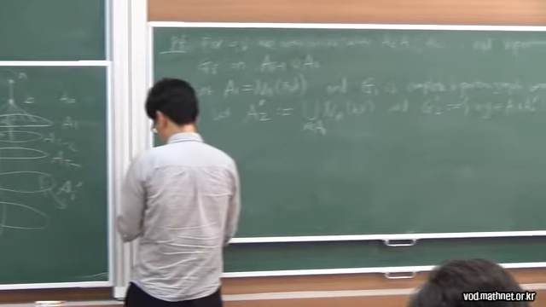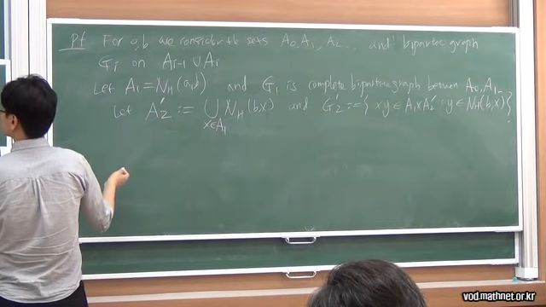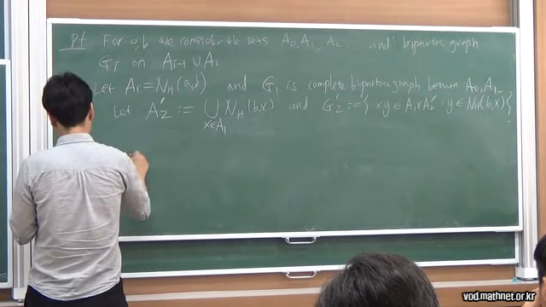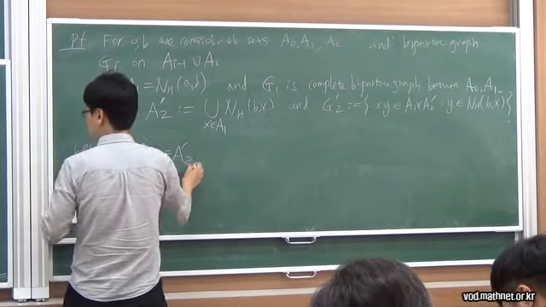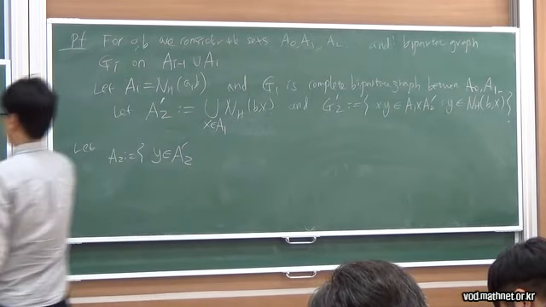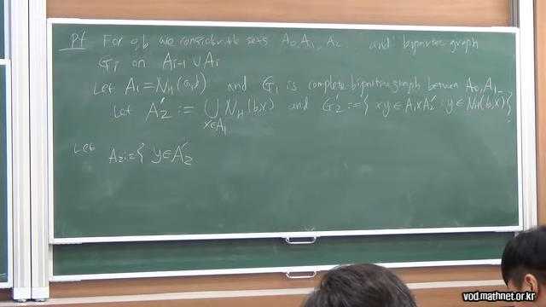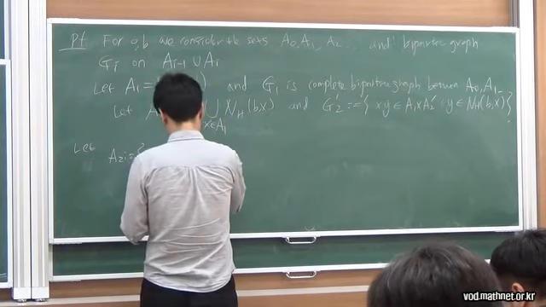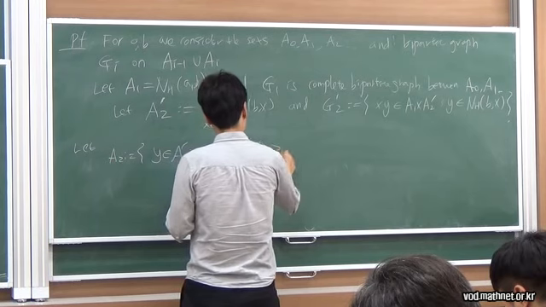What we will do is, we let A2 be the ones that are in this A2, which has lots of choice to go above.